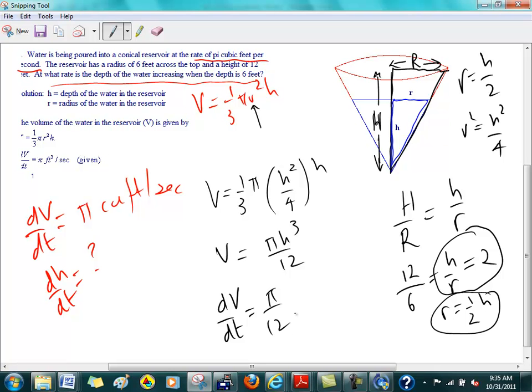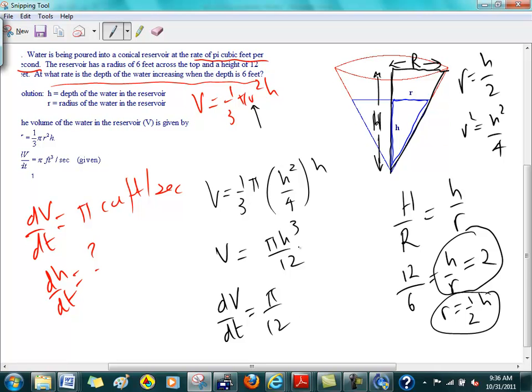I want to differentiate this because I want to look at the rate of change with respect to time. I did h squared and multiplied by h, so that gives me h cubed.